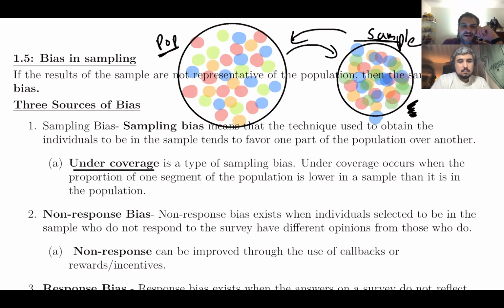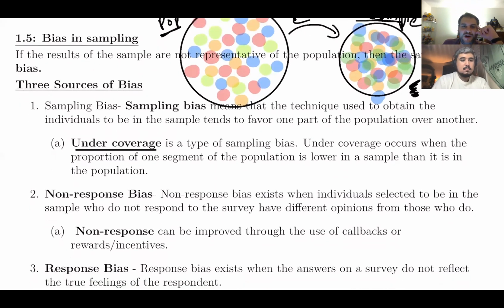All right, up next we're going to go into non-response bias. Non-response bias is pretty easy. It's just when you set out to get a certain sample, but you don't get the entire sample back.